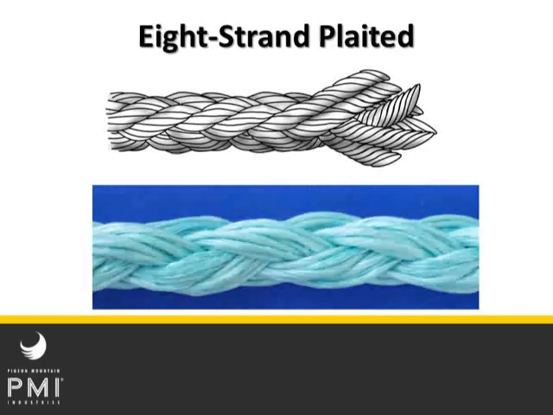The next rope we're going to talk about is 8-strand plated. I don't see this very much anymore in the rescue rope, but it's a real popular rope for other purposes. The common one is there's a lot of marine ropes that are made out of plated ropes, and it's kind of like hair braiding. If you made lanyards at summer camp when you were a kid, this is a really basic thing.